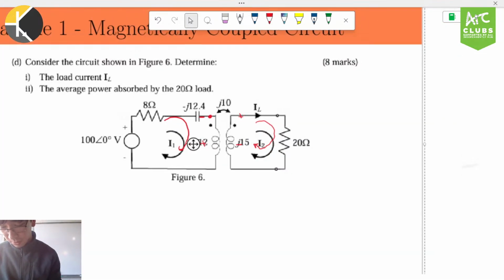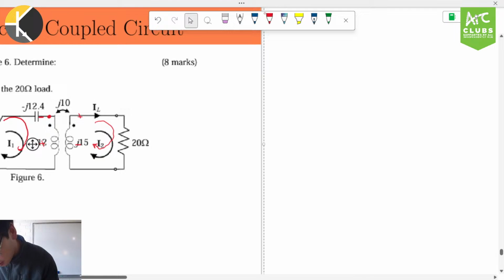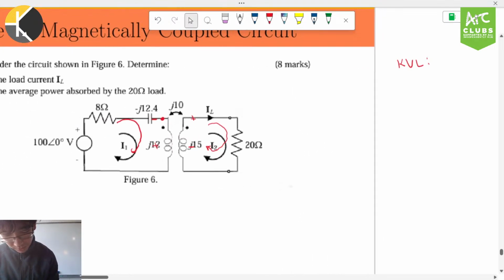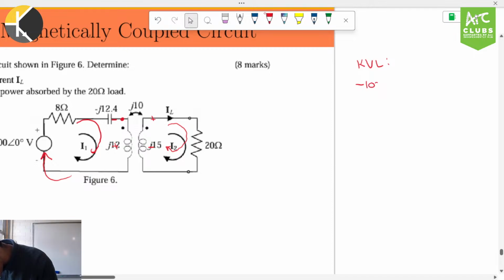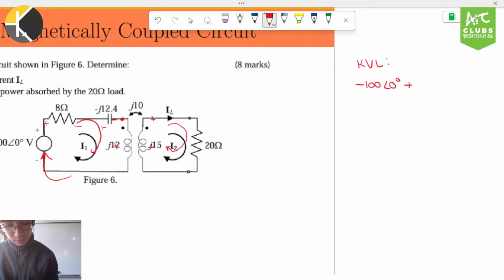Next thing we would do is we would write KVL equations corresponding to each mesh. So for this first equation, we have current flowing into the negative terminal of the voltage source, so we have minus 100. Then we have flowing into a resistor, a capacitor, and an inductor.